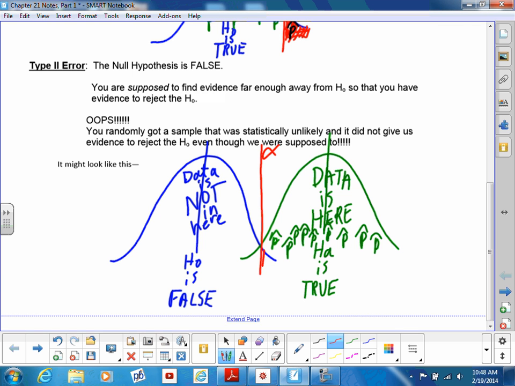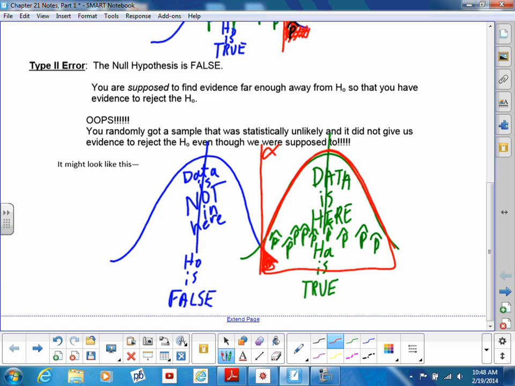So here's alpha. So here's the rejection region. Okay? And there is plenty of things out here in the rejection region. All of this data is essentially in the rejection region. I mean, you got plenty of chances to reject that null hypothesis since it's false.